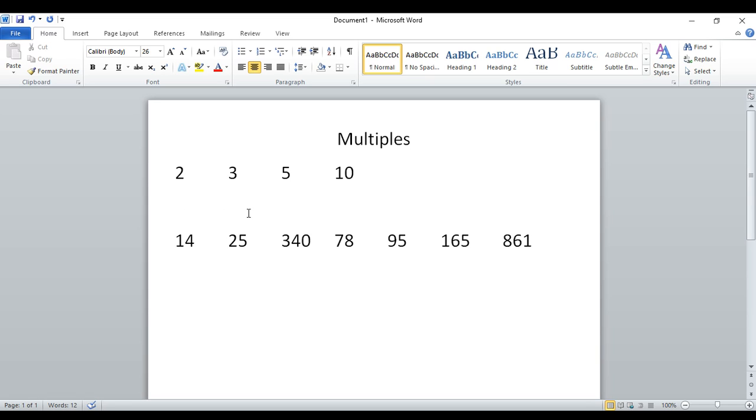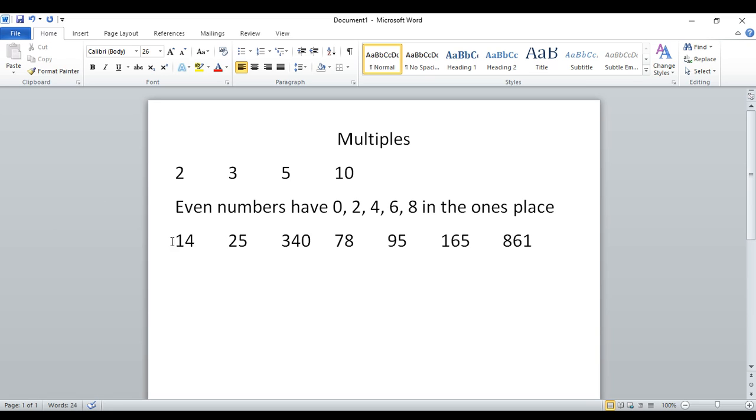And so we know that even numbers have 0, 2, 4, 6, or 8 in the ones place.